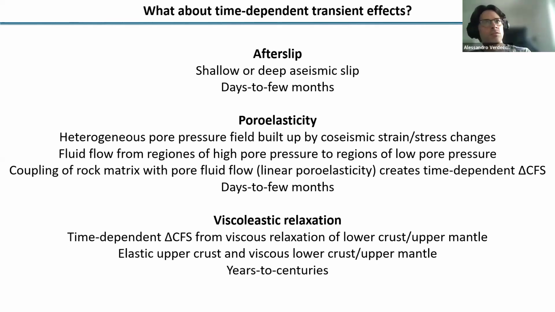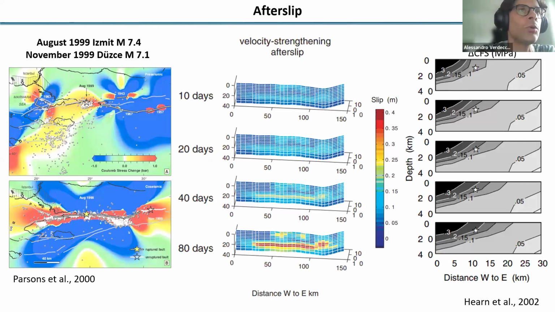Let's go fast towards the afterslip, let's say through the first two. For the afterslip, as an example, I go back to the August Izmit and November Düzce earthquakes. There is an interesting paper by Hearn et al., 2002, where they try to explain why those two earthquakes occurred with such a delay, and why the Düzce earthquake didn't just happen immediately after the Izmit earthquake.